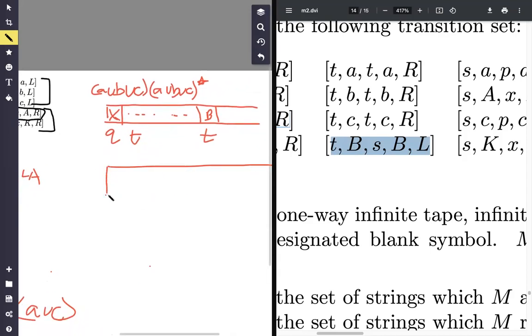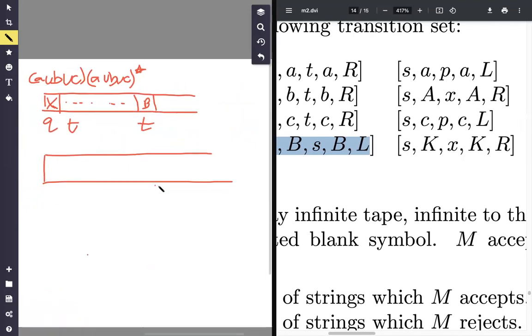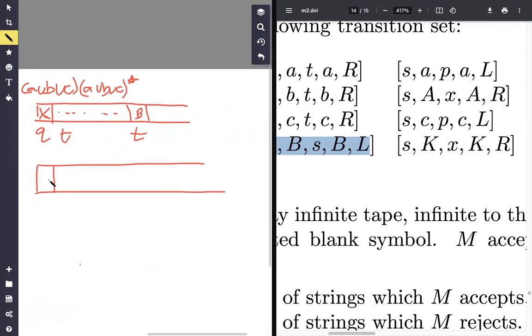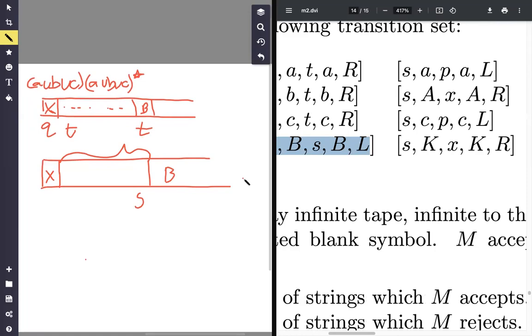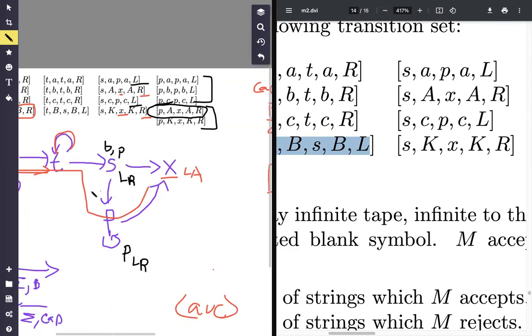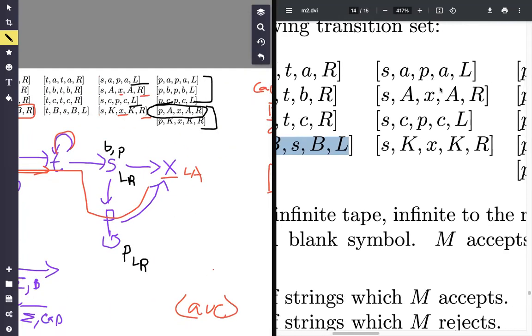Okay, so let's copy this down because now we're moving left. We know that there's at least a capital letter here. There's some star here. And we hit the blank. So now we're in state S and we're looking at the end of our string. We're moving left this time. But remember, we want to go to state P. State P means we have to either do this transition or this transition.